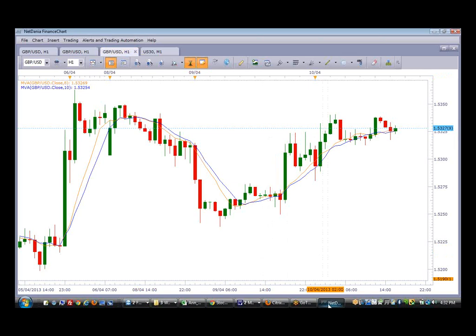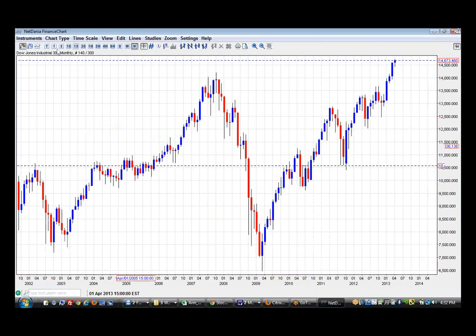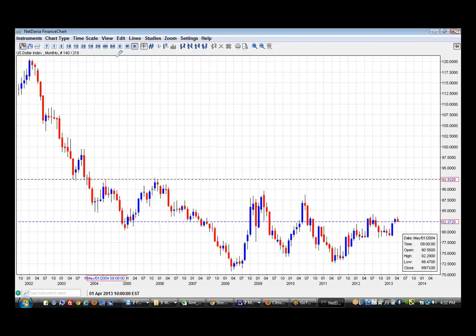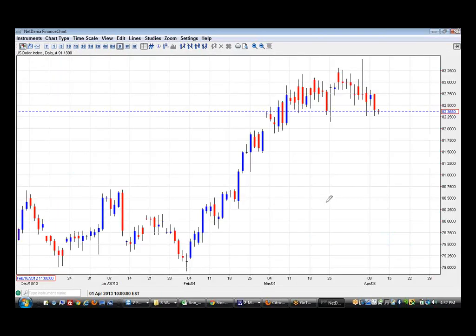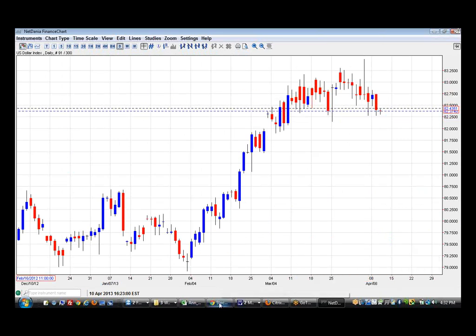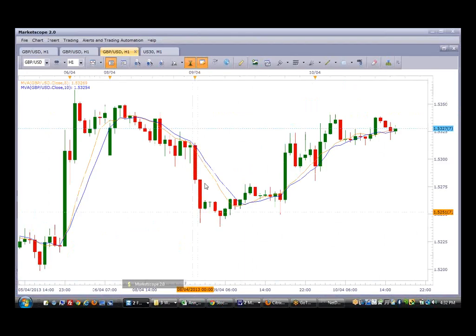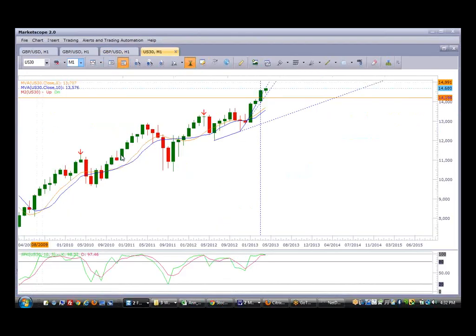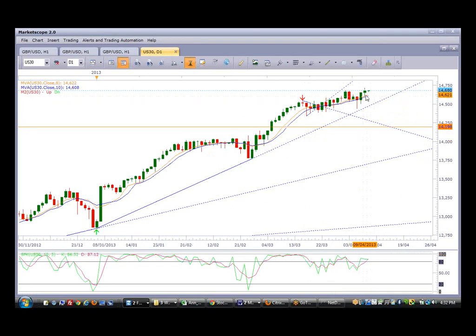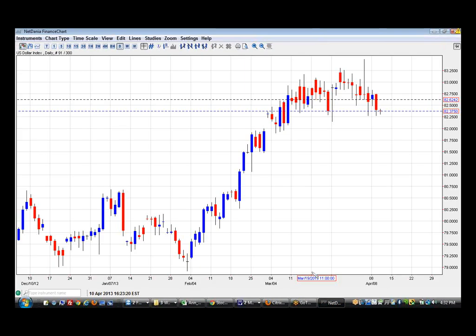As we can see here, the US dollar index was dropping, and the Dow was going up. So there's an inverse relation between the Dow 30 and the DXY.